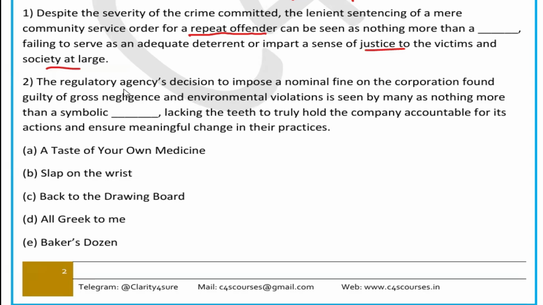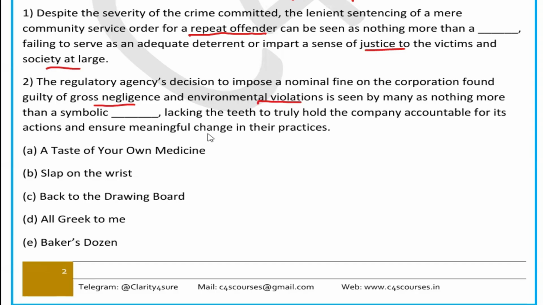Now, when this regulatory agency decided to impose a nominal fee on this corporation who was found guilty of what? Gross negligence, and that corporation also had committed some environmental violations. So when a nominal fee was imposed on this corporation by this regulatory agency, it was nothing more than what?